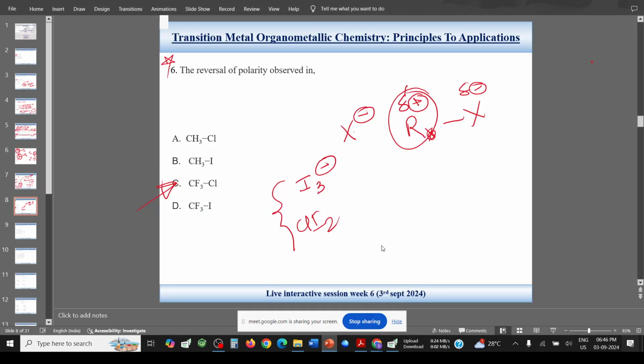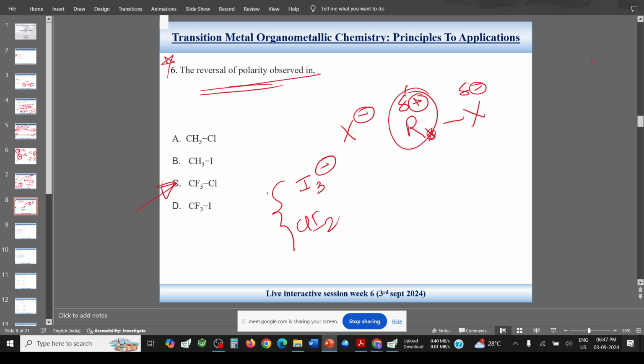can you tell me the correct answer? Perfluoro alkene, we have one term which we discussed in the lecture series, that is reversal of polarity.